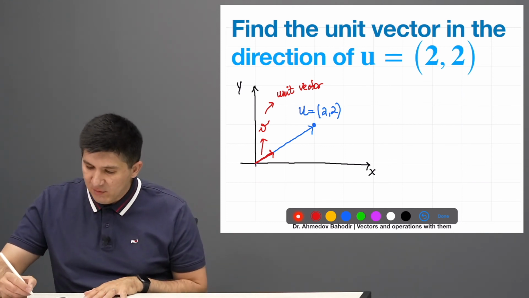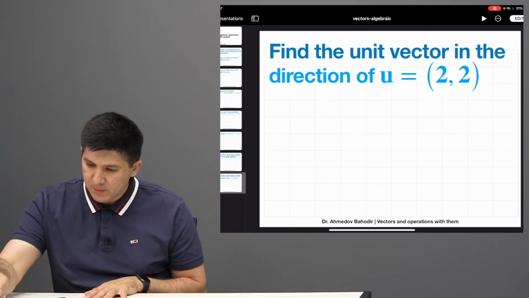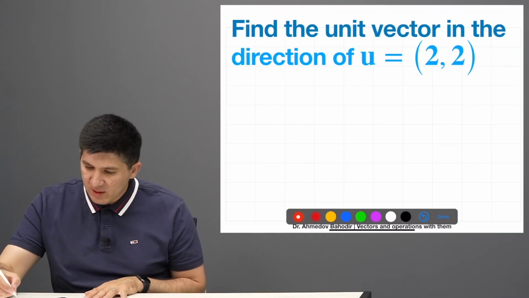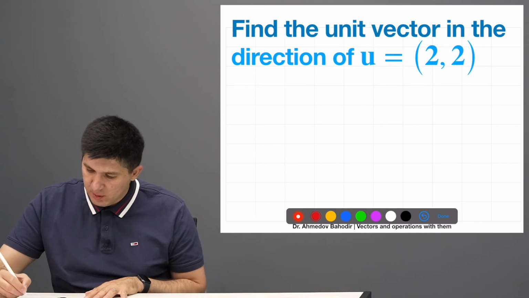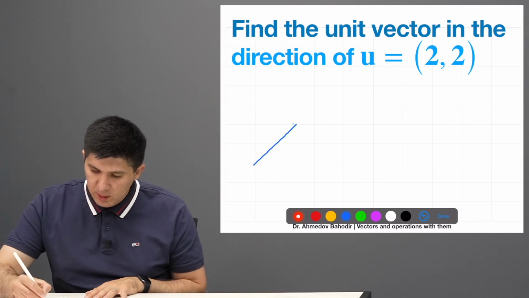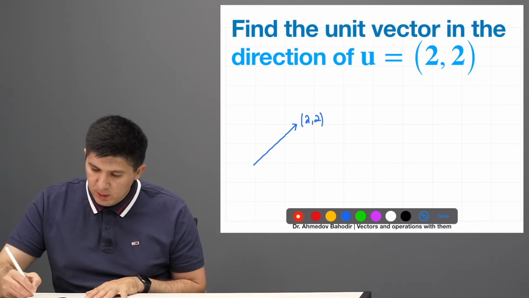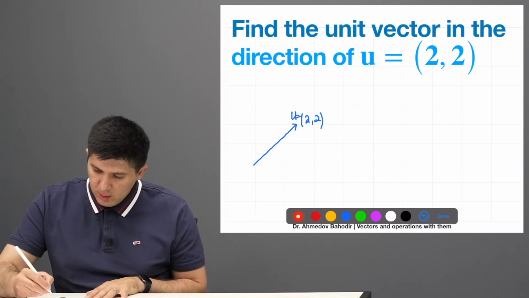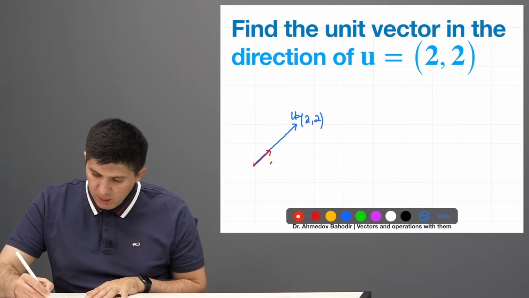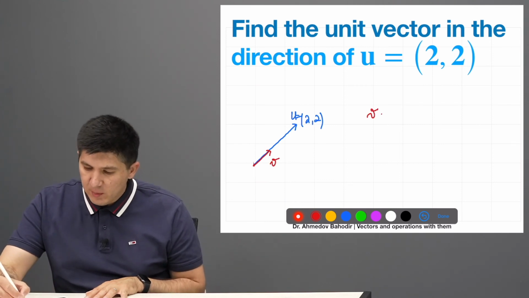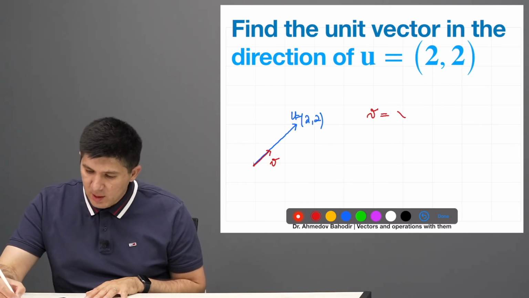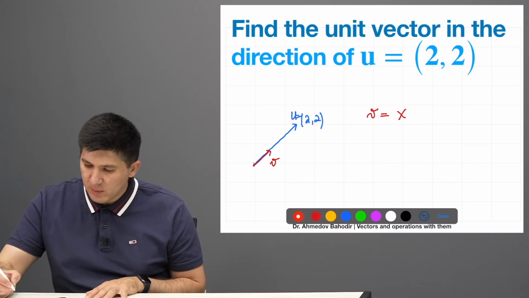So let me draw this one more time. u has the components t and t, and v is here. The vector v can be obtained by just multiplying the vector u by some constant c.